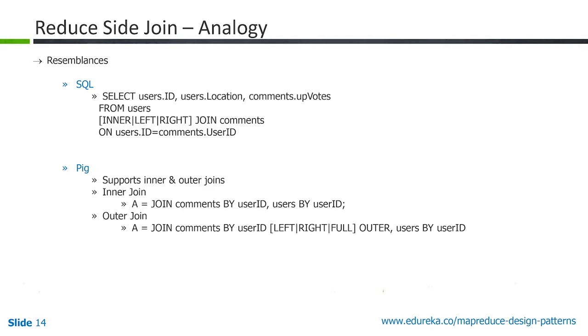And then you have again the join commands in Pig as well. So you see join comments by user ID and users by user ID. So you're combining users and comments here. And then they have something for the outer join as well, where again you specify the left outer, right outer, or the full outer using the join command.